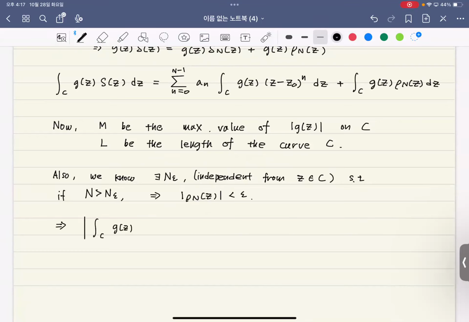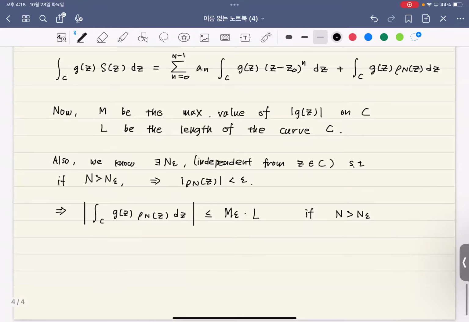Now we are ready to discuss the maximum modulus of this complex integral. By the ML inequality, the maximum modulus of this is M and of this is epsilon, so it is at most M epsilon times the length of the curve, L, when the index n is greater than N(epsilon).